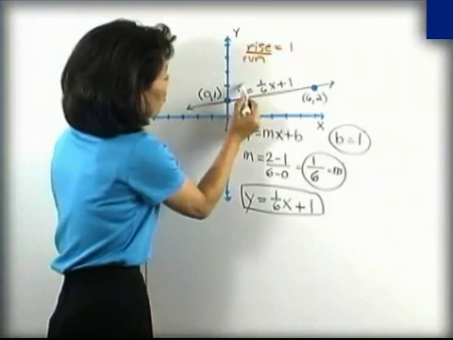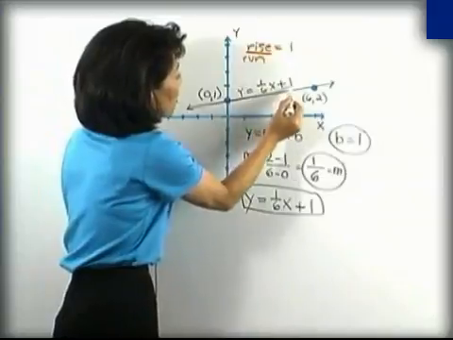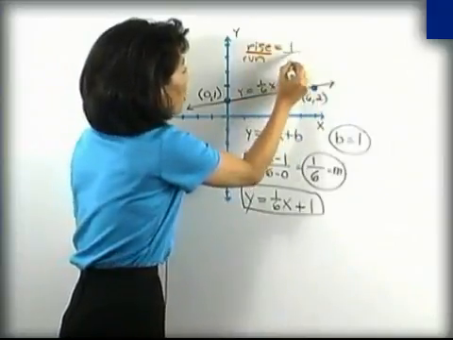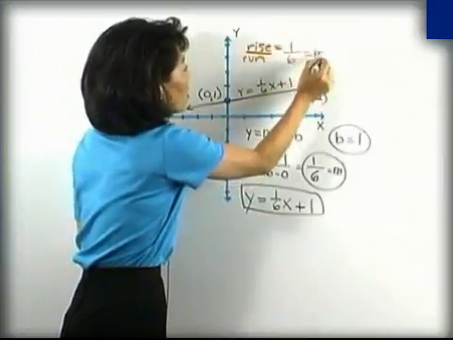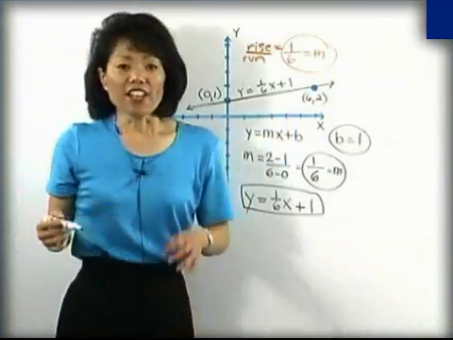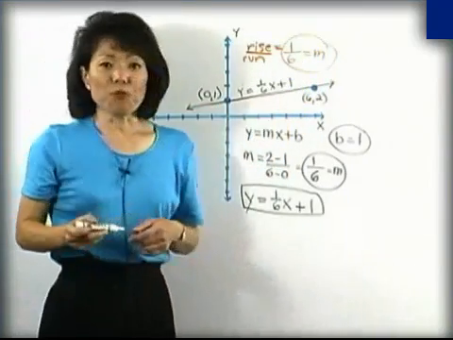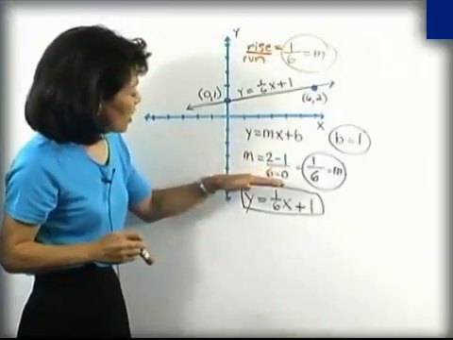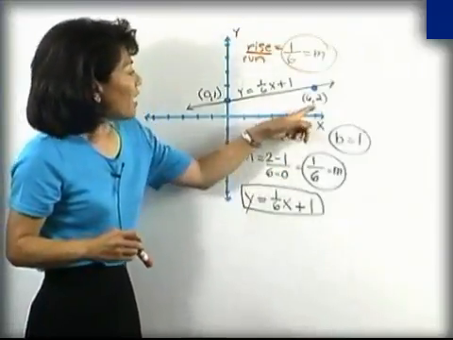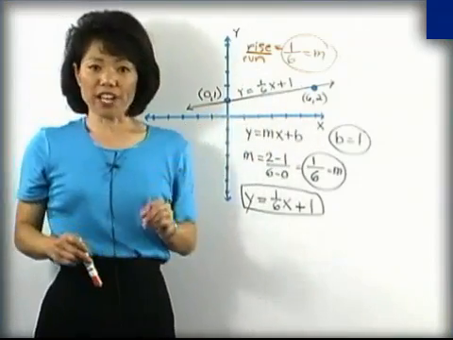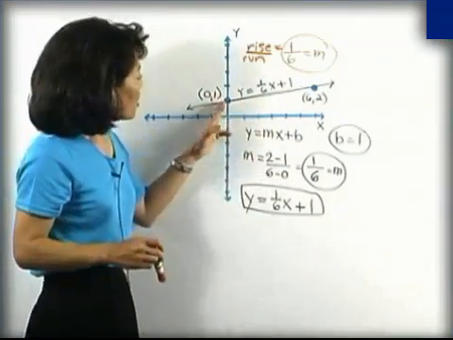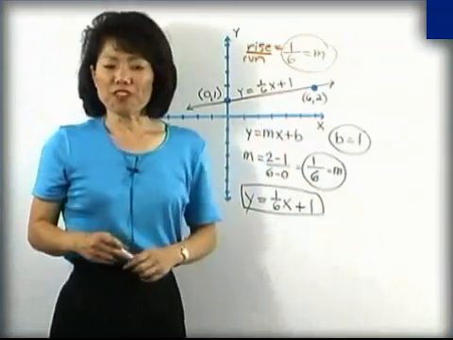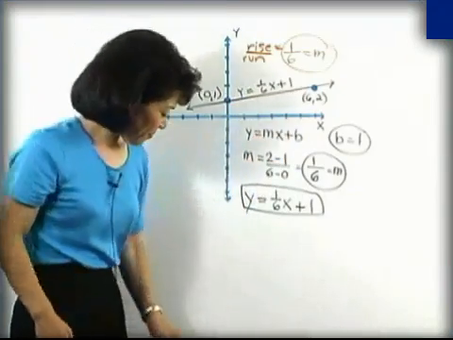And then we have to run over 1, 2, 3, 4, 5, 6. My run is 6. So by just counting the number of spaces between the 2 points, that's another way to calculate my slope. So you have a choice. You can either use the slope formula and calculate the slope algebraically, or you can actually count and do more of a geometric approach.